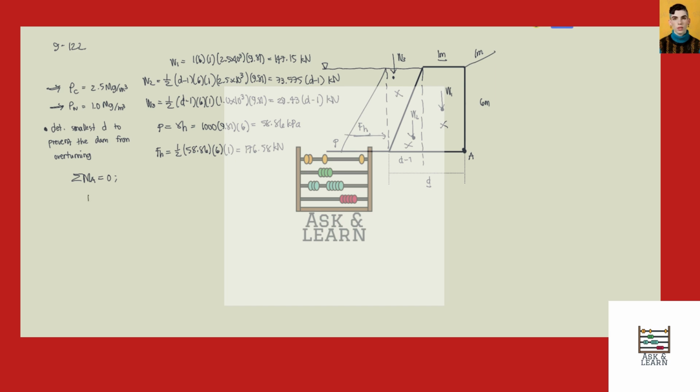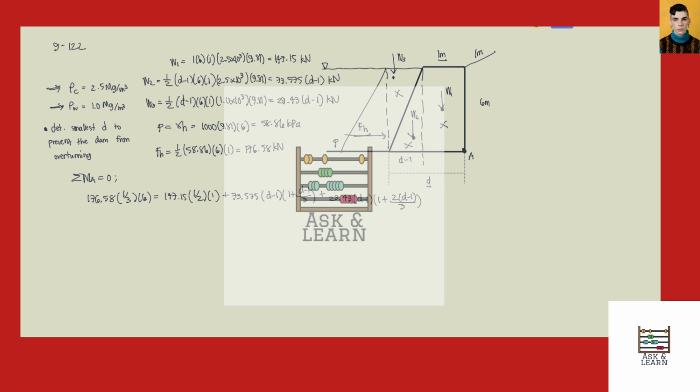So we have 176.58 times the centroid, which is 1/3 of 6, equals weight 1 multiplied by its centroid, 1/2 of 1, plus weight 2, 73.575 times d minus 1, times 1 plus the 1/3 of d minus 1, plus weight 3, which is 29.43 times d minus 1, times 1 plus the 2/3 of d minus 1.